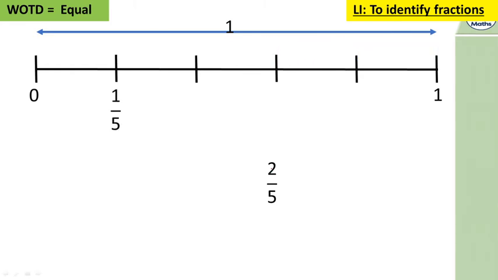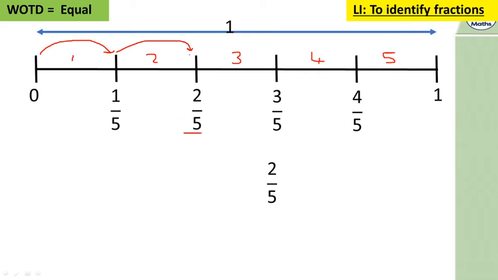That's 1/5, 2/5, 3/5, 4/5, because you can see it's split into 5 equal parts. So 1/5, 2/5, which is what we're aiming for, 3/5, 4/5, 5/5, or 1.